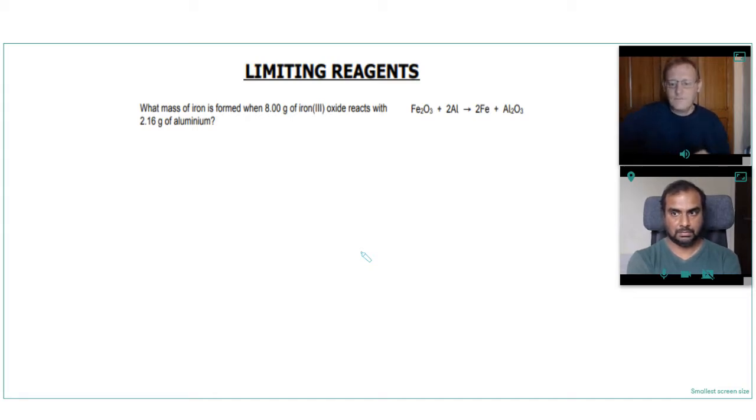Okay, so what I'll do, I'll copy this balanced equation underneath. Then make it a bit bigger.